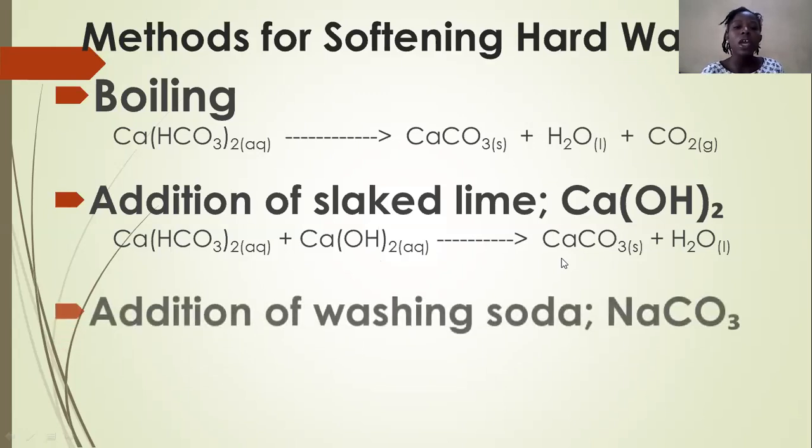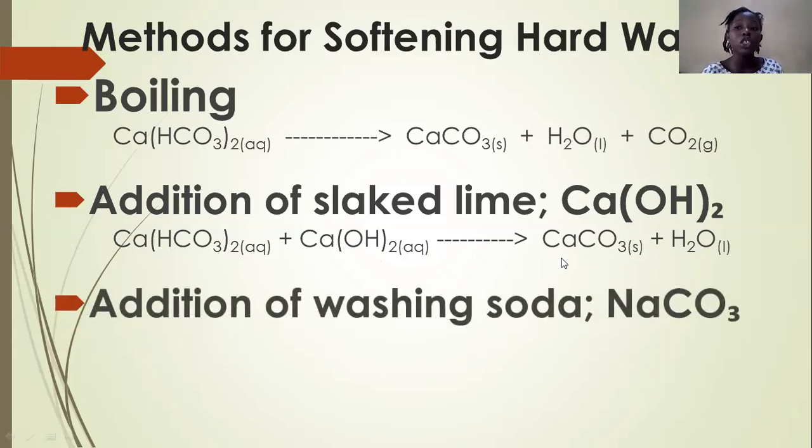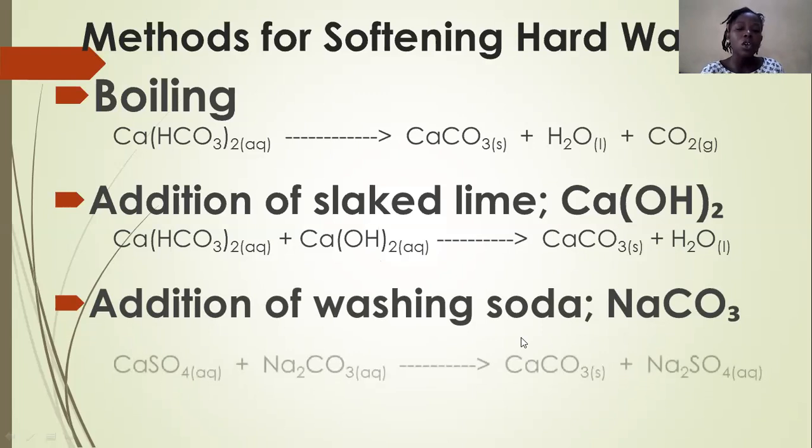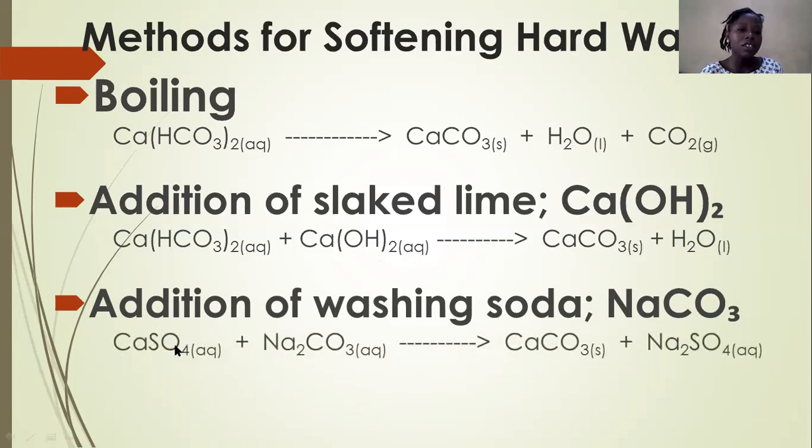Then next, we have addition of washing soda. Washing soda is sodium trioxocarbonate(IV). Now, this method is applicable for both temporary and permanent hardness of water. So you see, the salt that causes permanent hardness of water reacts with sodium trioxocarbonate(IV) to give calcium carbonate, which becomes insoluble.